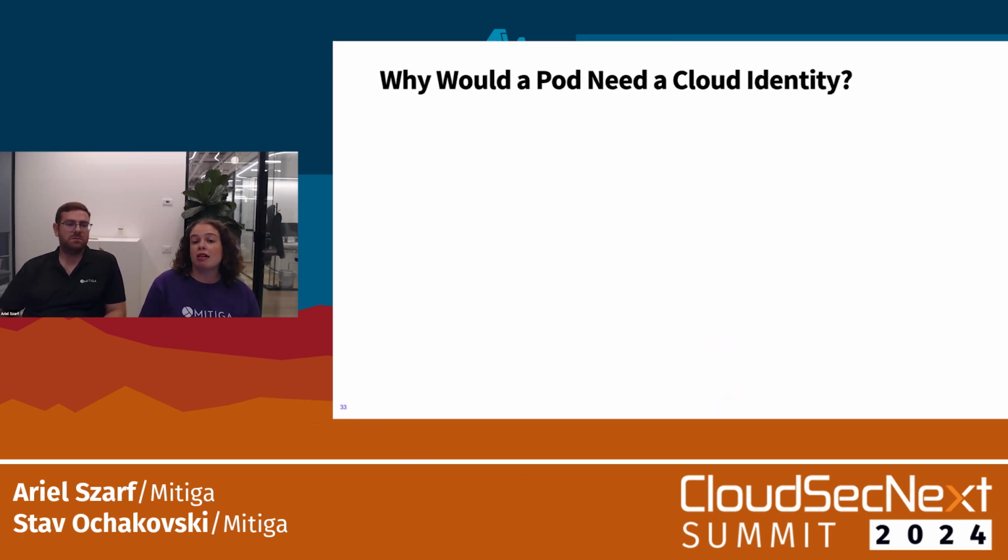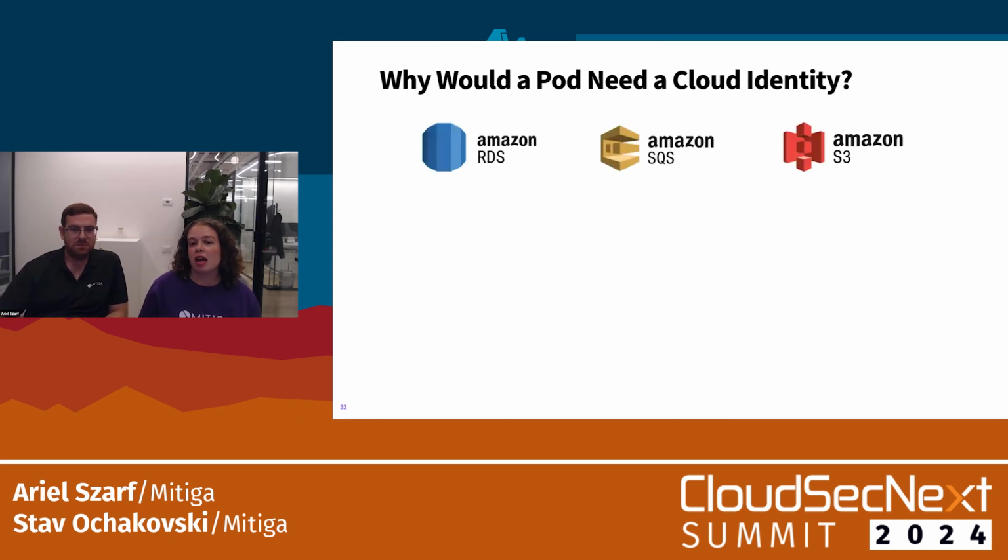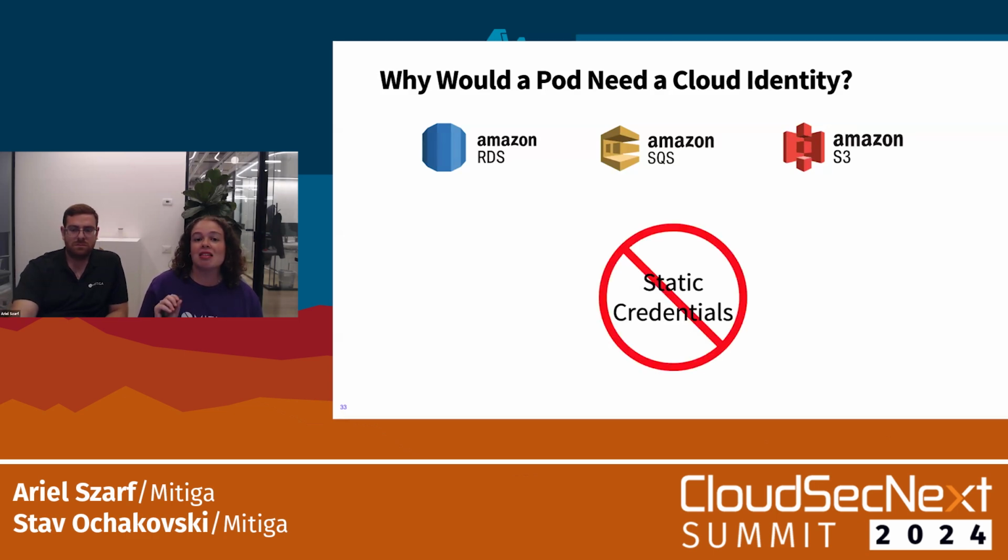When a pod needs to access a third-party service on the cloud provider side, such as Amazon SQS, S3, or RDS, authentication is required. The simplest way to grant access is through access key and secret key, but these are static credentials. Static, also called permanent credentials, are not a secure way of authenticating due to the lack of expiration.